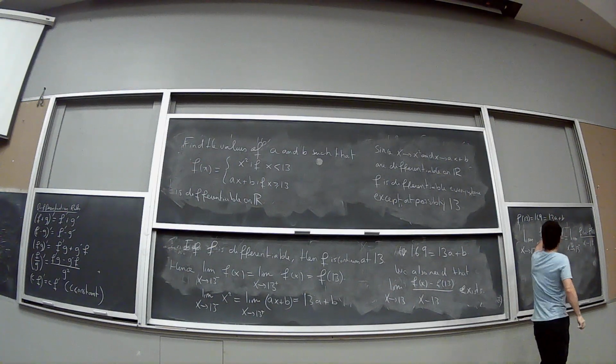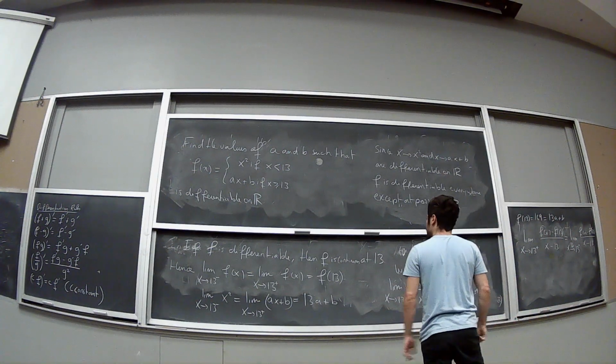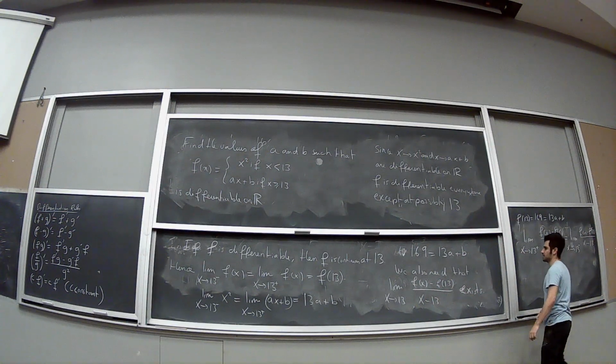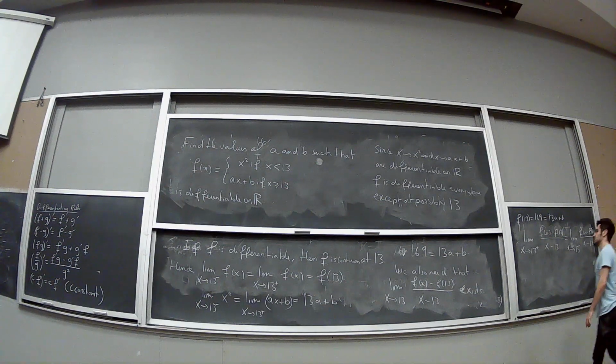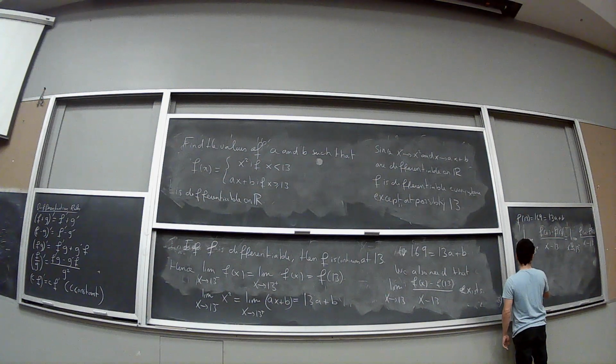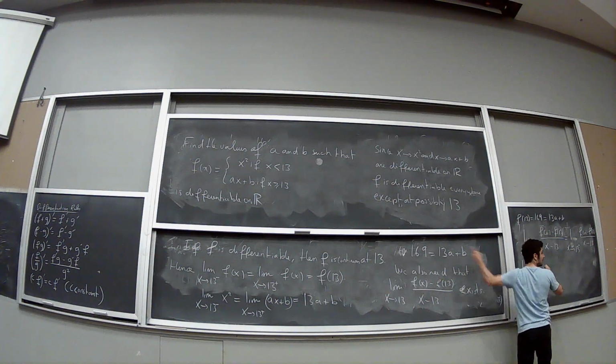Great. Now, let's look at the limit as x going to 13 plus of f of x minus f of 13. What should we have here? What is f of x as x is bigger than 13? X is bigger, it's ax plus b, right?